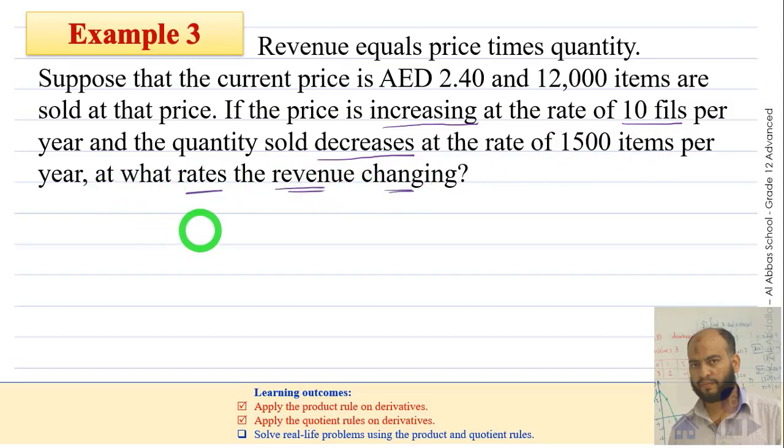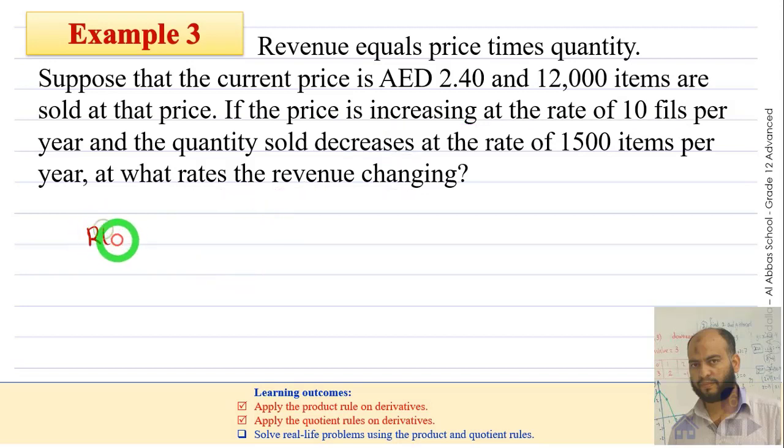Here we don't have any function for price or quantity, but we have a relation between revenue and price and quantity. The revenue as a function of t equals price as a function of t times quantity as a function of t.